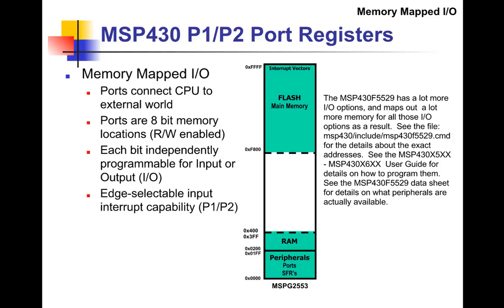And you can also get edge select input interrupt capability. In other words, you can get an interrupt in the processor when something changes on one of these ports, which is actually very handy.